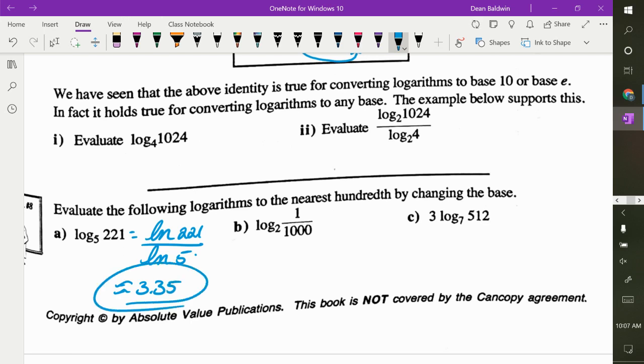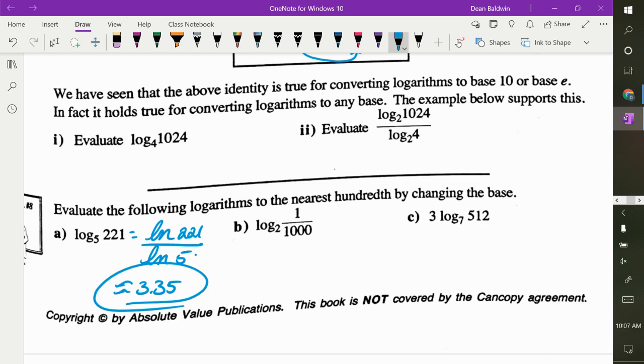Is that what people got? Yeah? This is what it is. Oh, it's 221. All right. Are we okay?